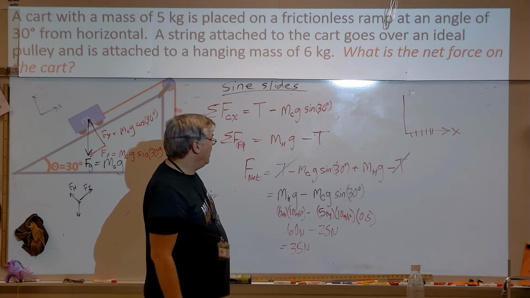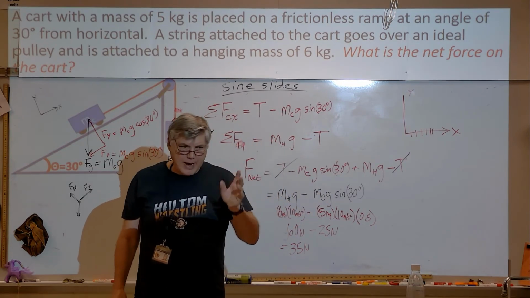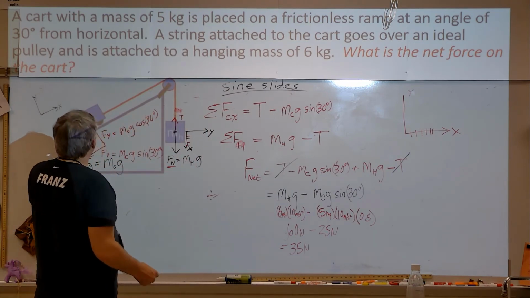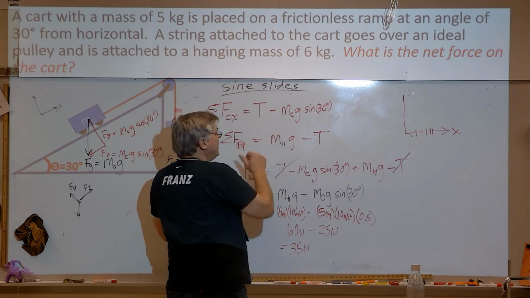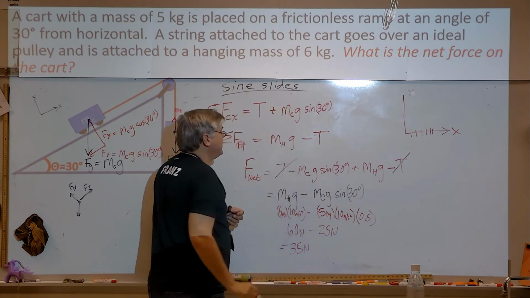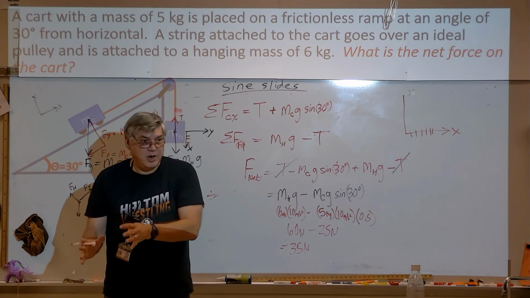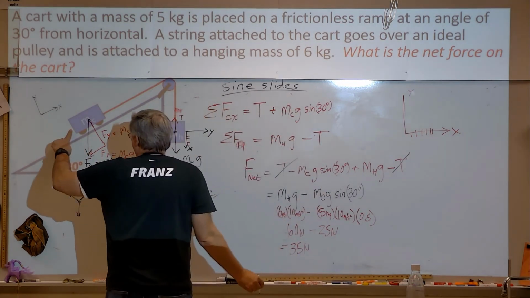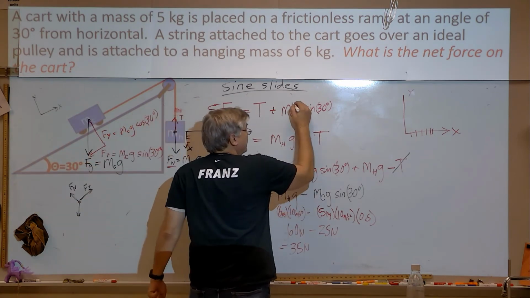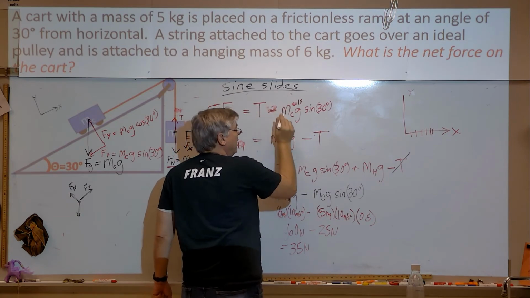Because really, I have to do a little bit of a logical thing in my head. I can sum these: the sum of these is this plus this, right? It's tension plus gravity, but gravity in this case is negative. So this is negative 10, or I can just say 10 and put the negative right here.